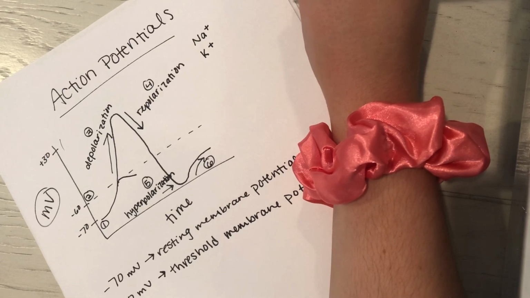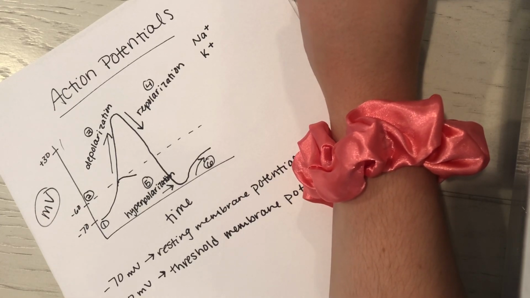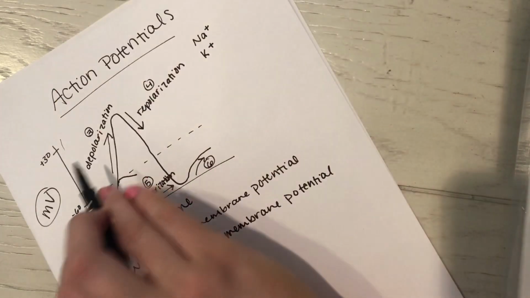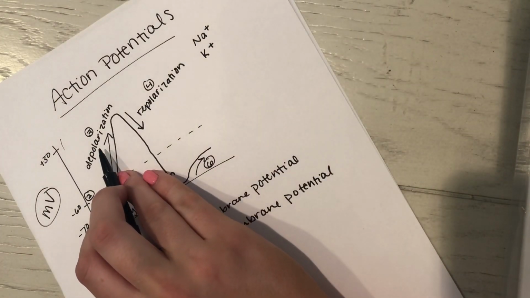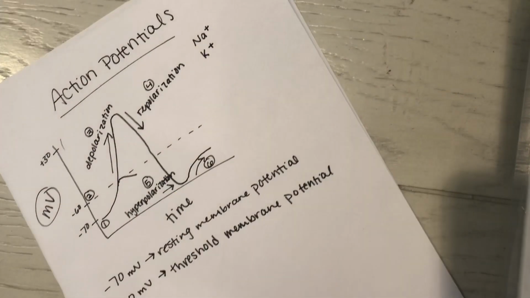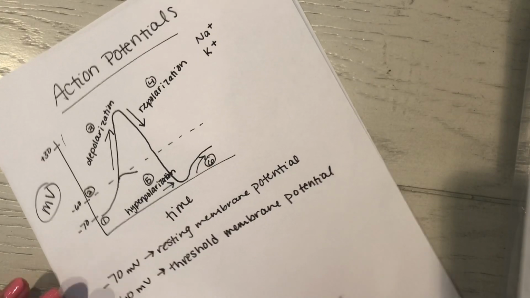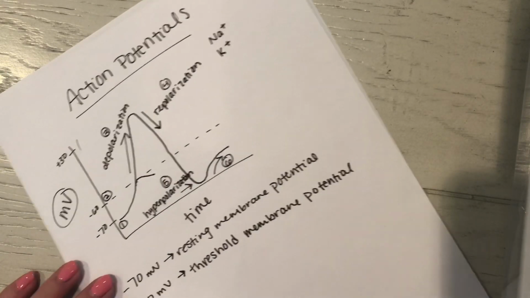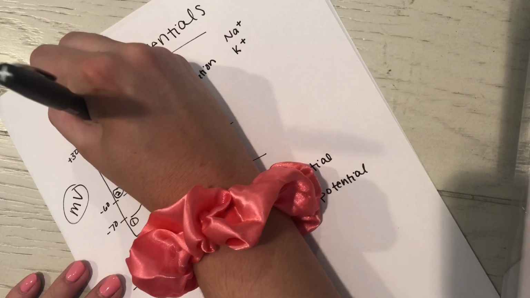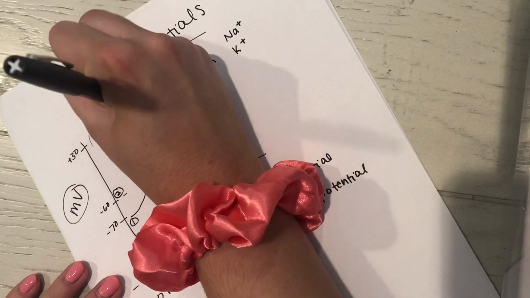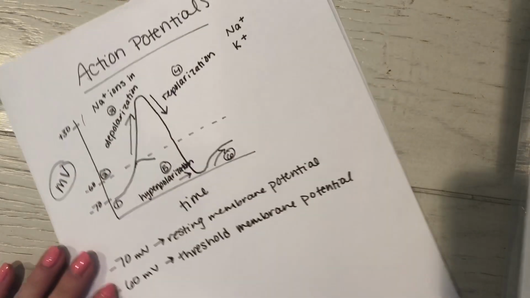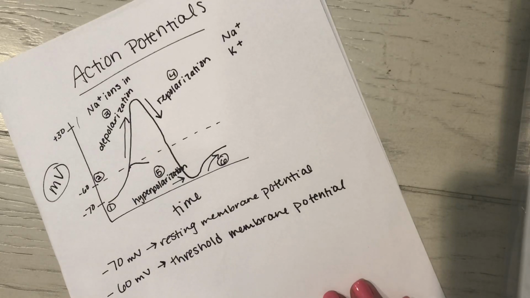So when we see our depolarization, that's when our sodium ions are coming into the cell, crossing through that membrane. Sodium ions come in for our depolarization.